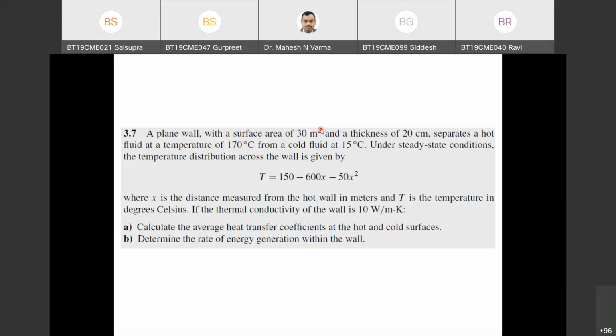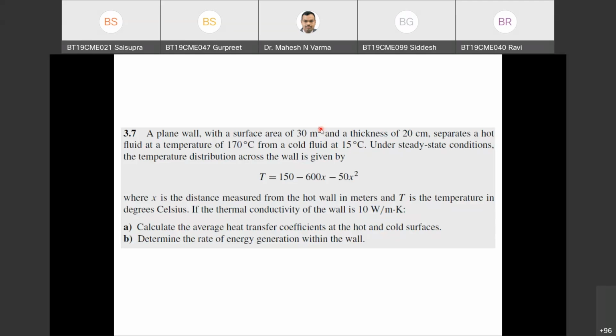Almost everybody is getting it correct. Who was getting a wrong answer? Yeah, Siddesh. Where have you made the mistake?